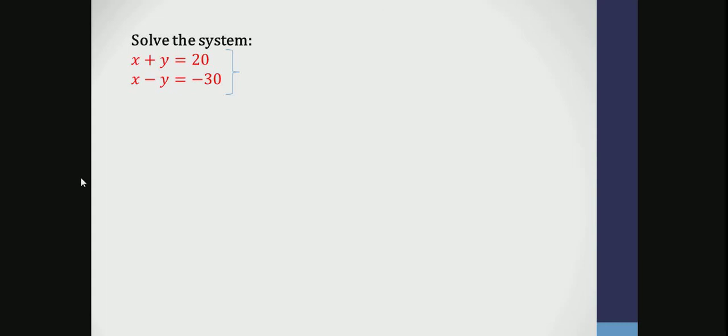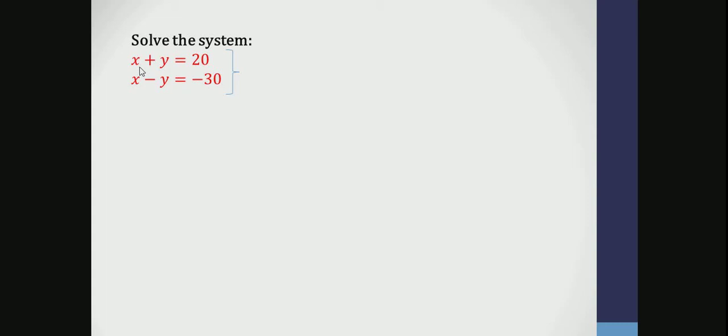We obtain a system of two equations. What does that mean? How can we solve this system? Well, it means that I should find a value of x and a value of y that satisfy the first equation and the second equation.